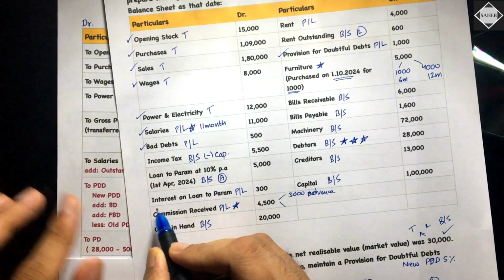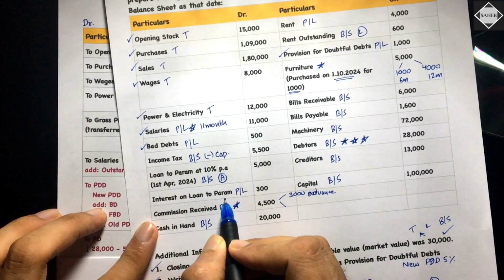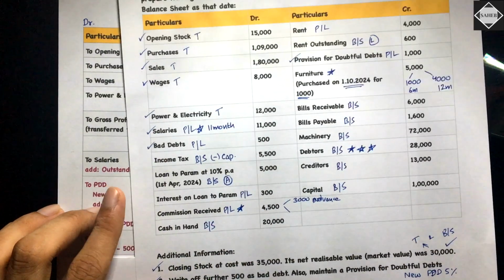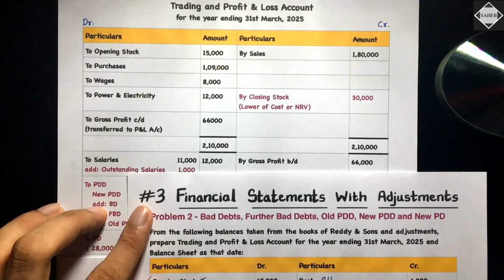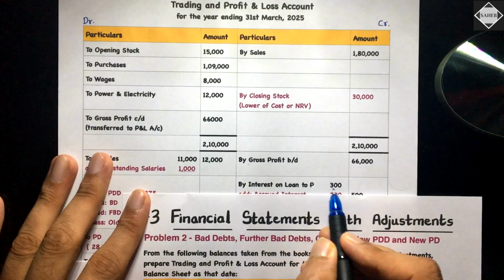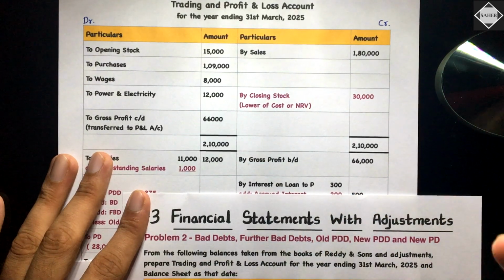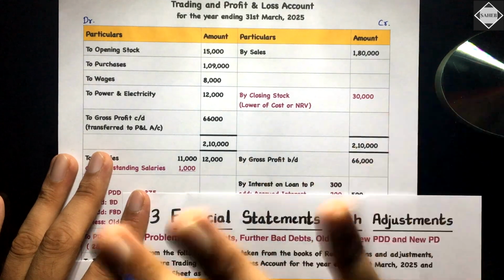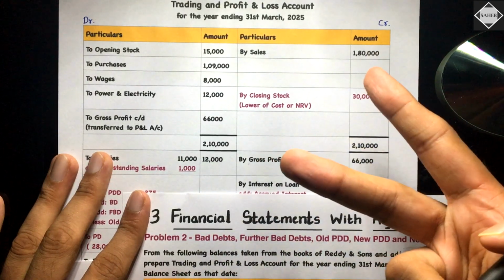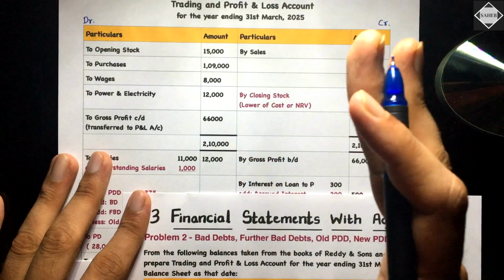See, for PNL items we have interest on loan to Param. This is an income. Take it, 300, in the inner column of PNL. By interest on loan to Param, how much? 300. That's what the junior accountant recorded in the trial balance. But we got to know there is a hidden adjustment. All interest has not been recorded by the junior accountant. 200 is accrued interest, interest that we are supposed to receive but have not received for some reason.